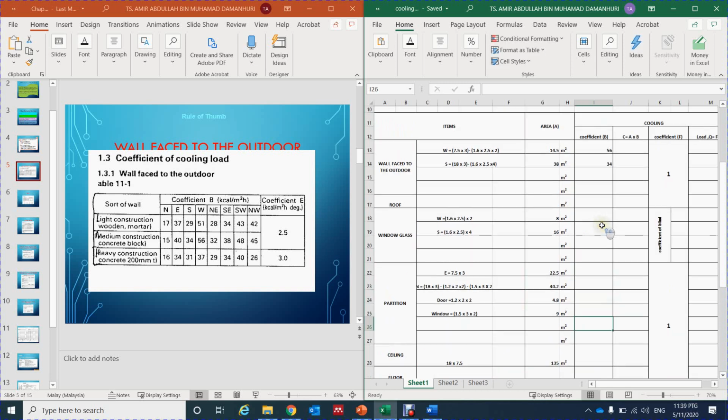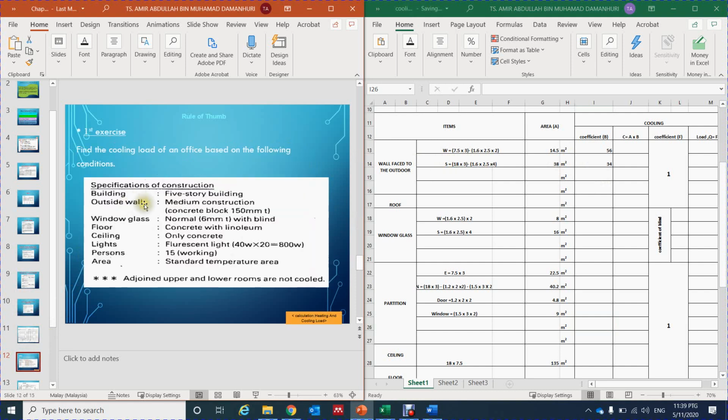So let's go with the coefficient. I repeat one more time: the wall facing the outdoor refers to the specification of the building. The specification of the building for the wall is medium construction.